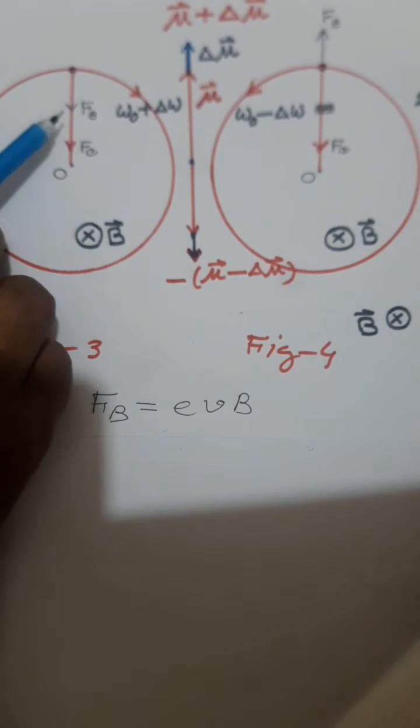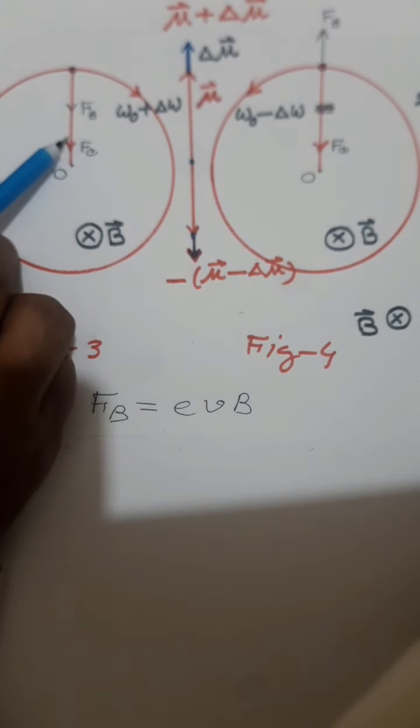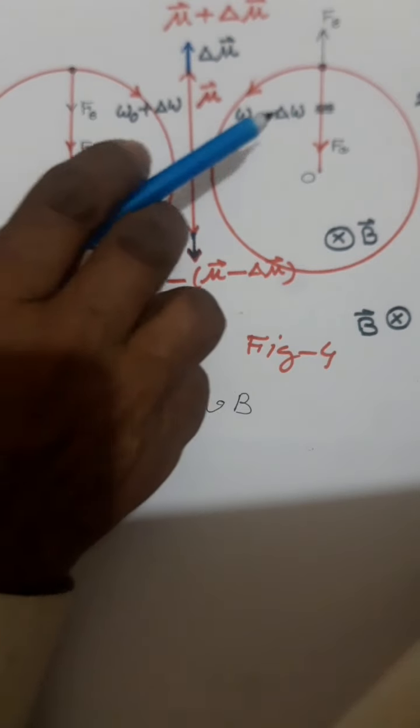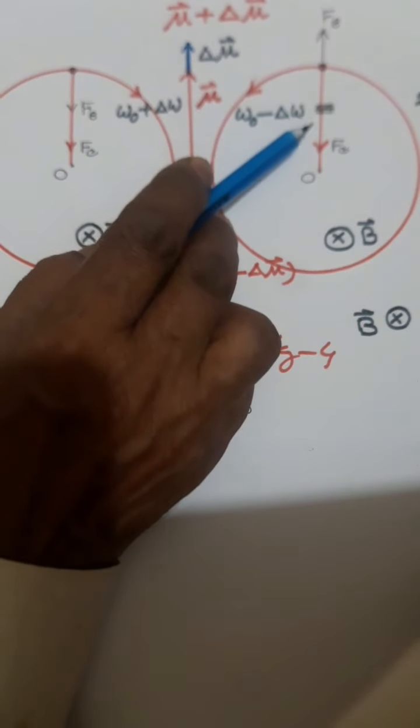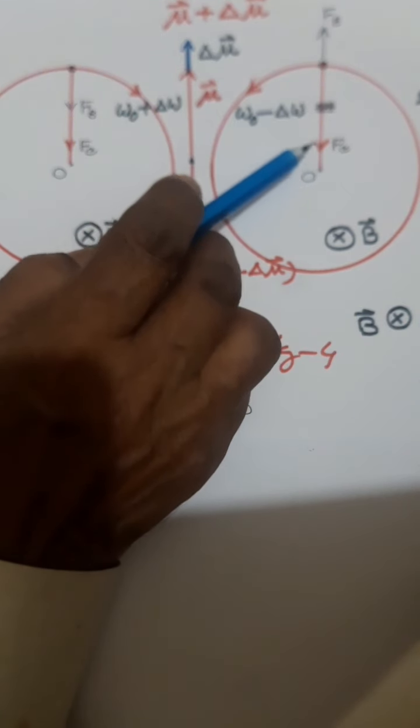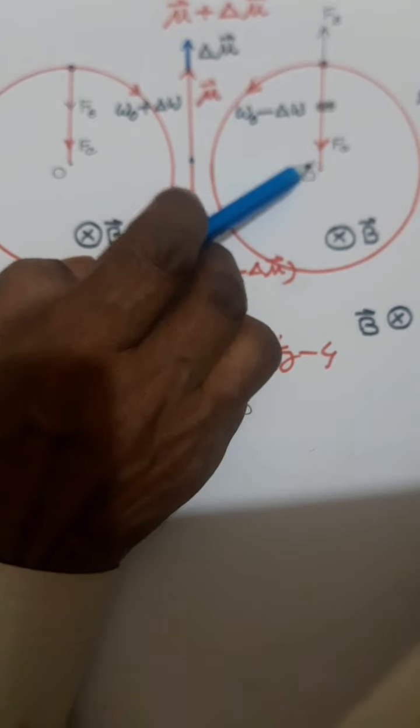That is, the first one is along the direction of the Coulomb force Fc, the centripetal force, and the second one is opposite to the Coulomb force, that is opposite to the centripetal force.